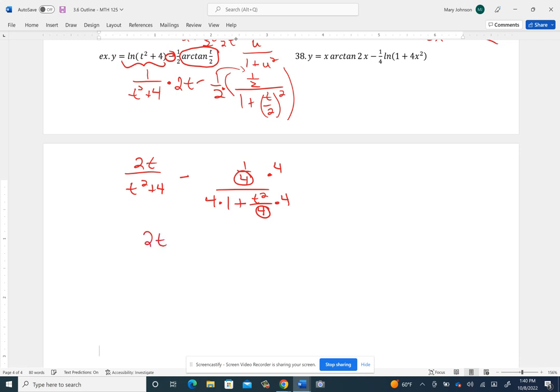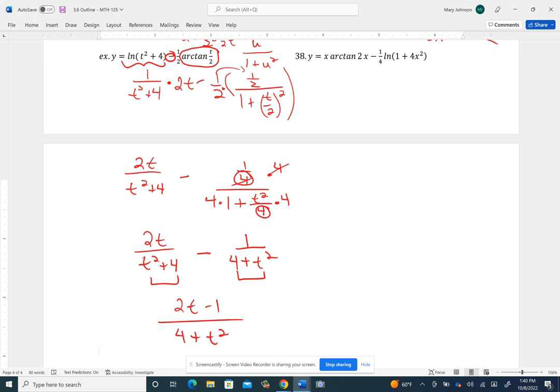So we'll have 2t over t squared plus 4 minus 1 over 4 plus t squared. And these are both positive. The 4 and the t squared are both positive. So really I have the same denominator. So this is just 2t minus 1 over 4 plus t squared when I'm finished.